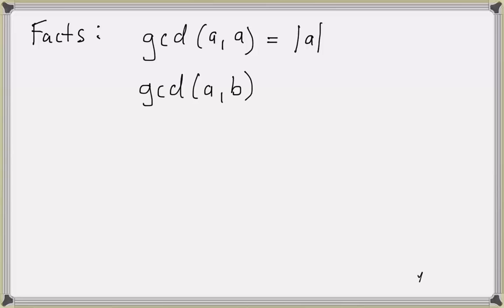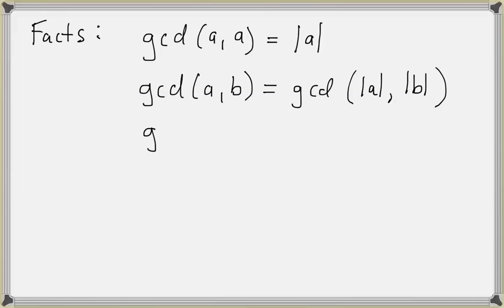If you had two negative numbers inside the GCD, you might as well just look at the GCD of positive numbers. So the GCD of a and b will always equal the GCD of the absolute value of a and the absolute value of b. Usually when we look at greatest common divisors, you could just consider two positive integers or non-negative integers, but you don't have to.